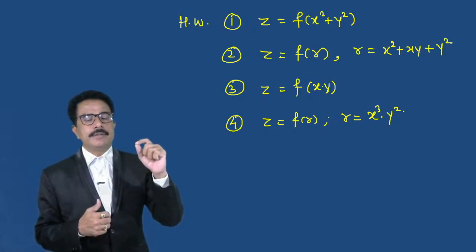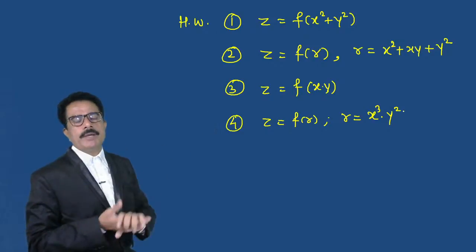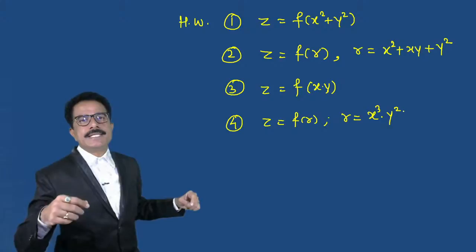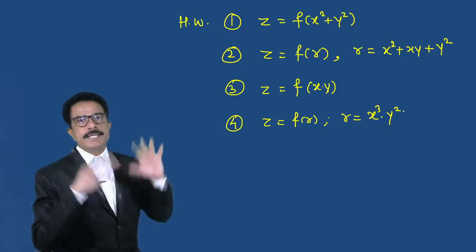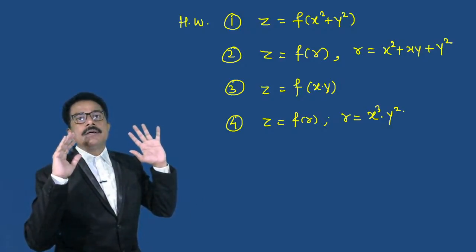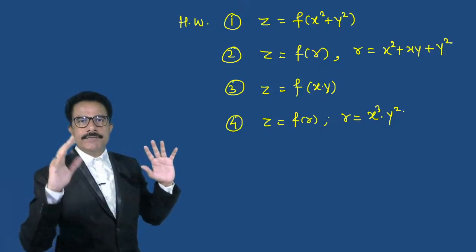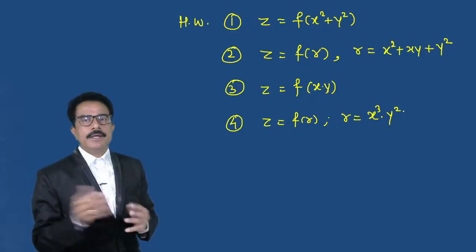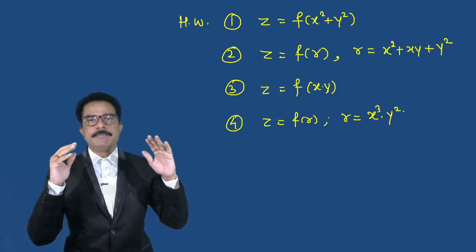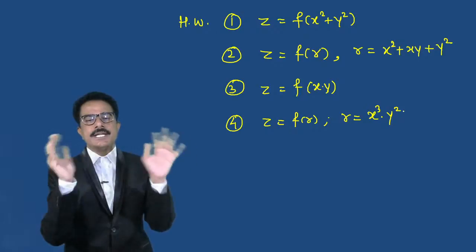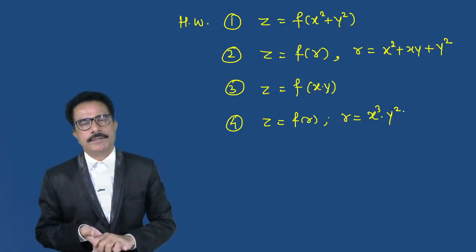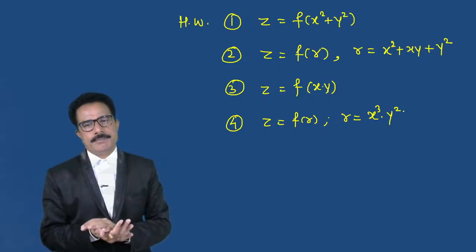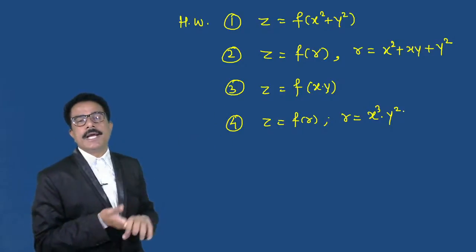Today's title is this; we have solved the problems of yesterday's method, that is, to find the first order partial differential equation which satisfies the surface generated due to the revolution of a curve about z-axis. These are the problems based on that.